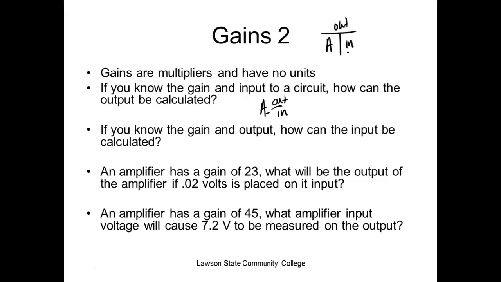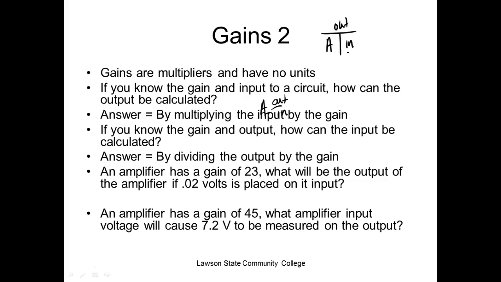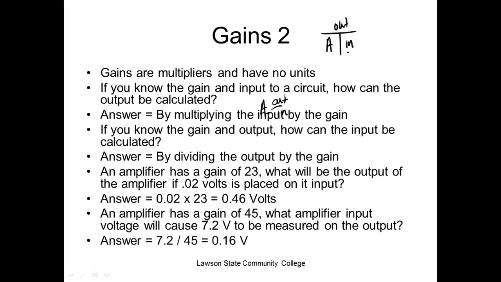So here we're given the gain, we're given the output. Now we're going to figure out what input's going to be required to get that. 0.16. Everybody okay? 160 millivolts.